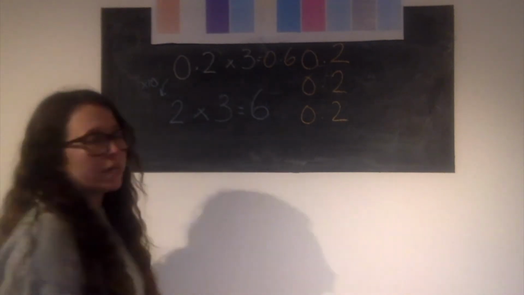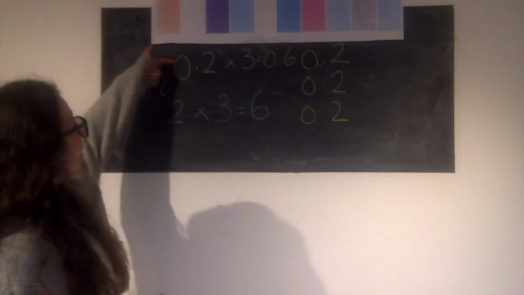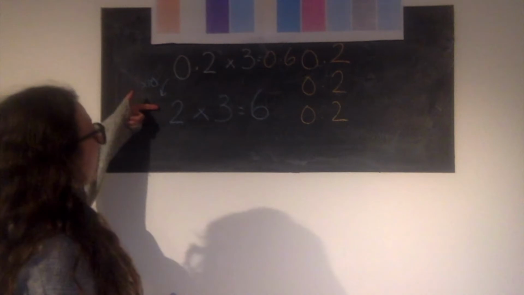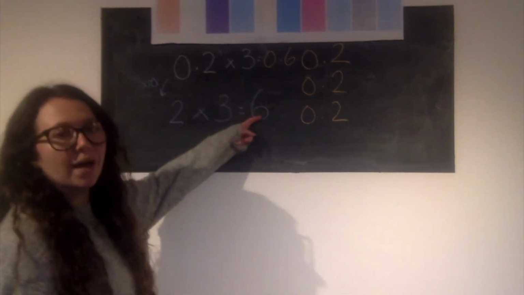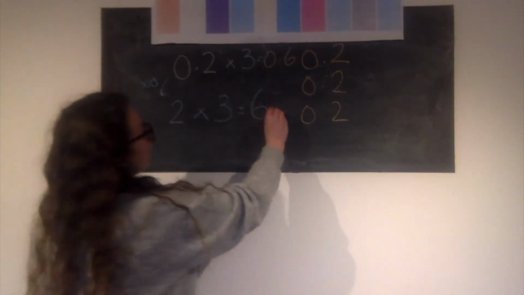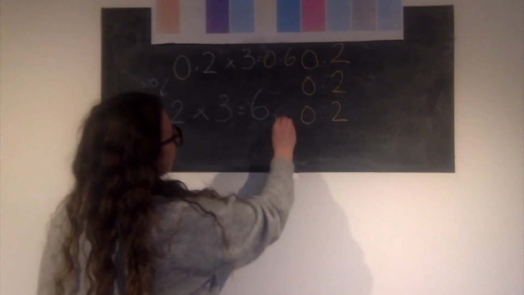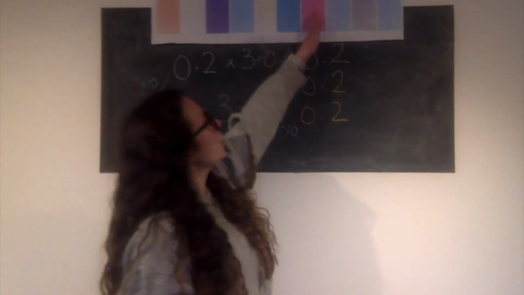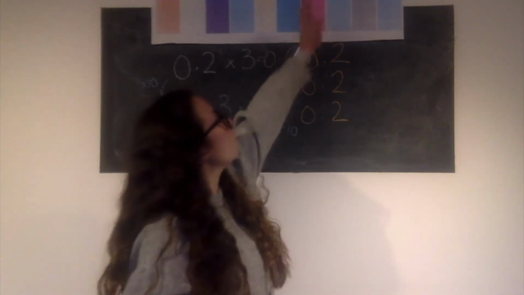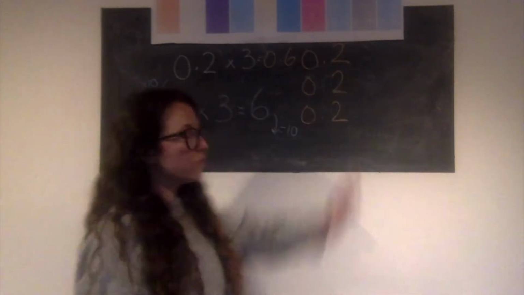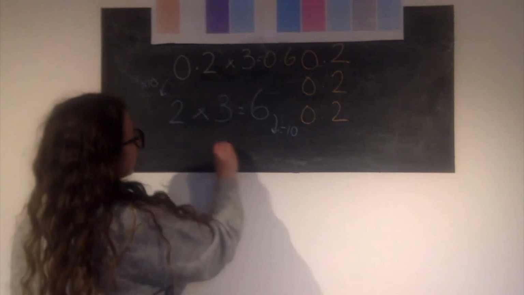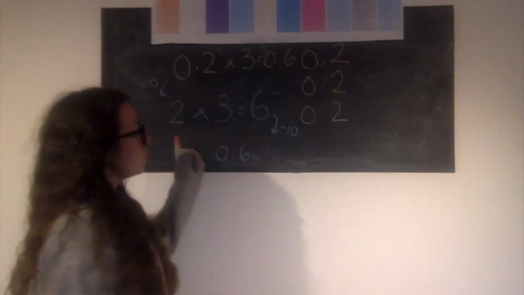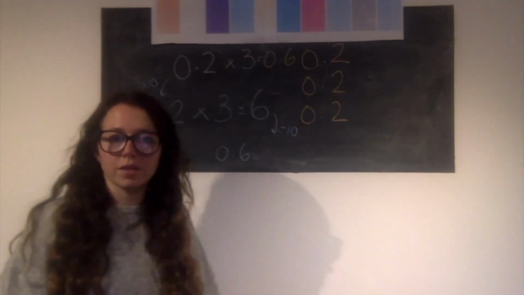But I haven't finished. Because I've made my multiplier 10 times bigger, we need to make our answer 10 times smaller. So if we divide 6 by 10, 6 in my units column, 10 times smaller is one place to the right, so it gives us 0.6. The same answer, there's just 2 different ways of thinking about it.